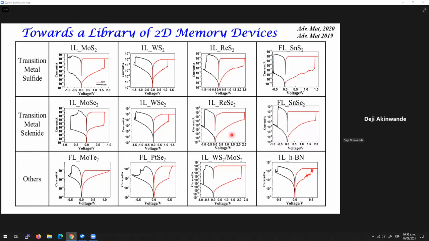The detailed characteristics of all of these materials are still ongoing, and it's at this moment difficult to draw a conclusive trend because there's a lot of variability, as there is with any new emerging device. So it's difficult still to correlate the properties of the switching with the different materials.